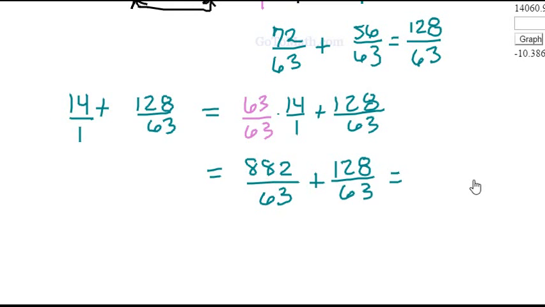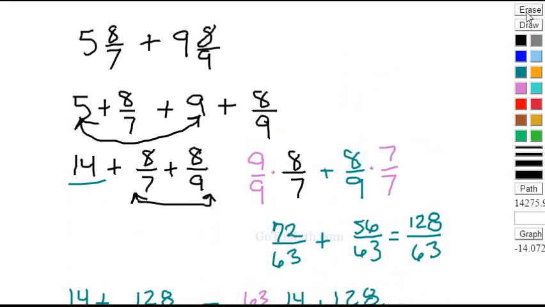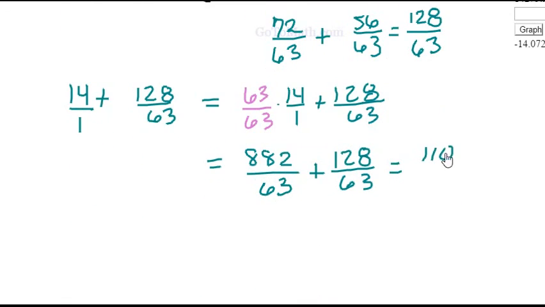So now we just add the numerators, 882 plus 128, and you get 1010. Somehow I wrote too many zeros. We're going to have to do some erasing here.